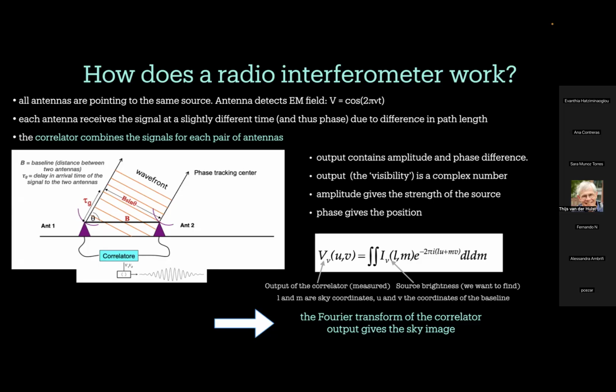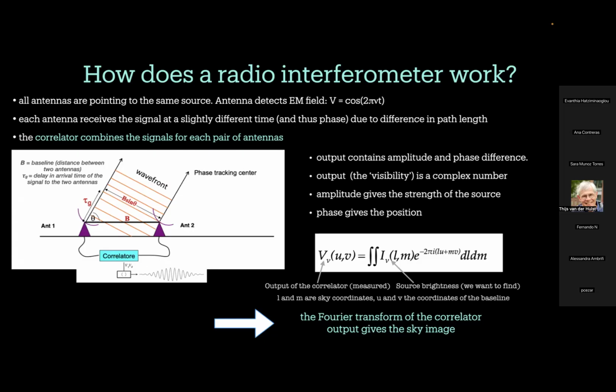So the whole idea of interferometry is to measure this visibility for a very large set of U and V, a large set by having many dishes, so many combinations, and wait a long time to sample this aperture plane. So we collect this visibility for a large number of UV positions, and then in principle you can do the inverse Fourier transform to make your image. So you measure the Fourier transform of the image.